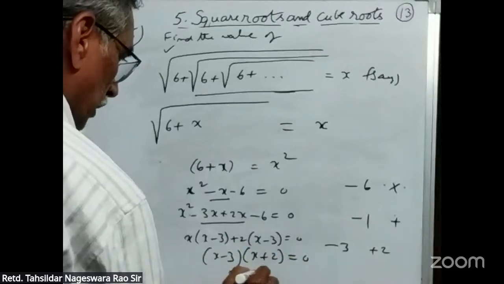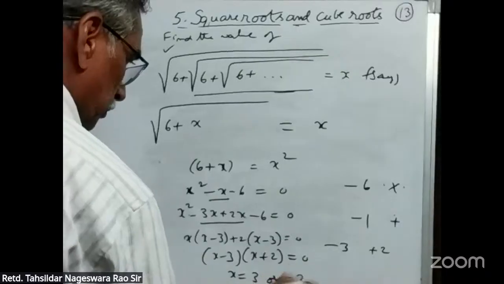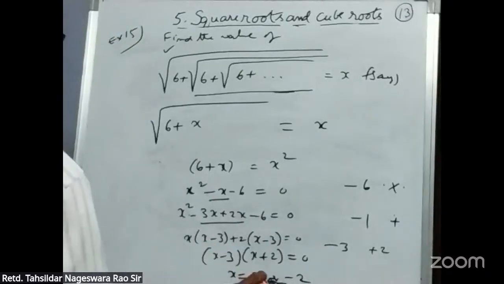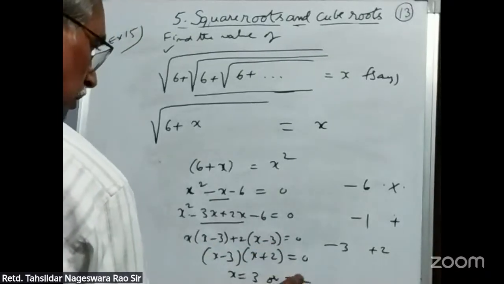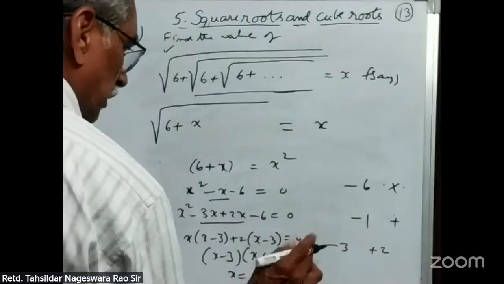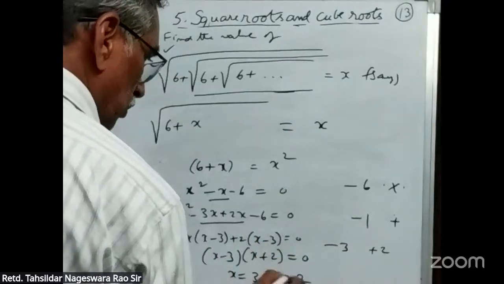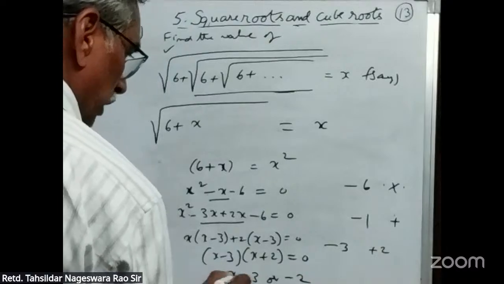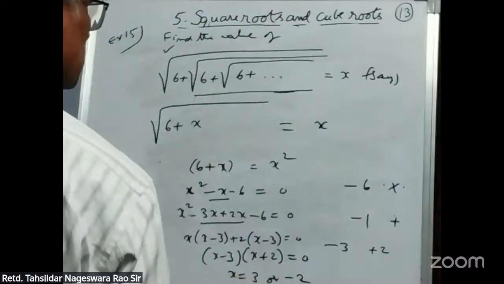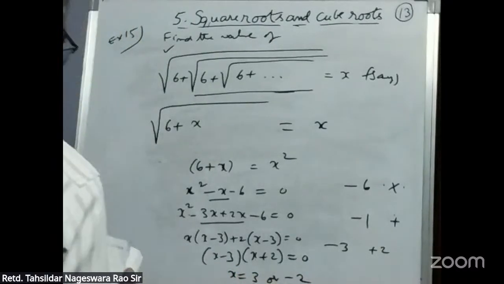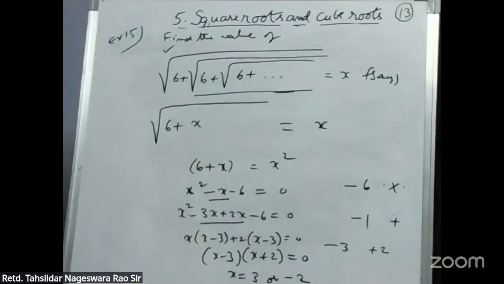Either x is equal to 3 or x is equal to minus 2. Either one of the two must be 0 to get 0 on the right side. So x will be minus 2 or 3. We cannot take it as minus 2. The answer should be taken as 3 only. Answer is 3 only.